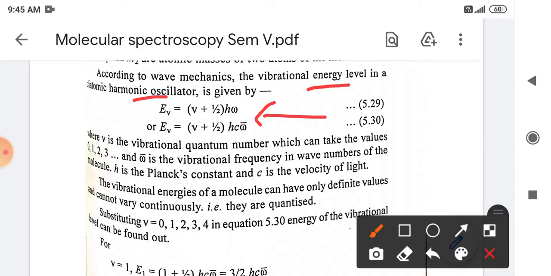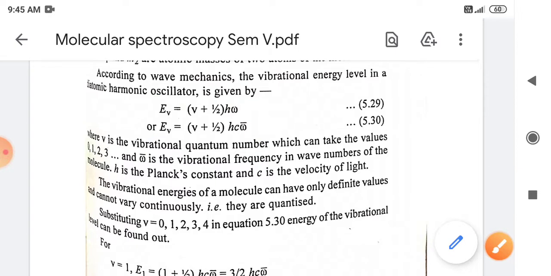In rotational spectroscopy, the energy depends upon the rotational quantum number J and the rotational constant B. J is the rotational quantum number, which is also obtained from quantum mechanics, and the vibrational energies can likewise be obtained from quantum mechanics. So we will directly use the formulas here.